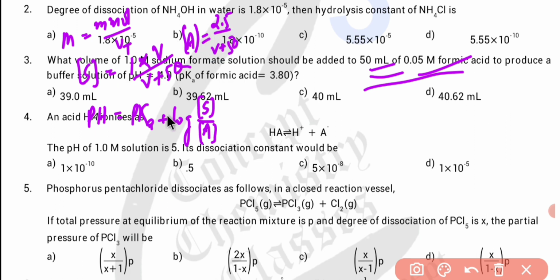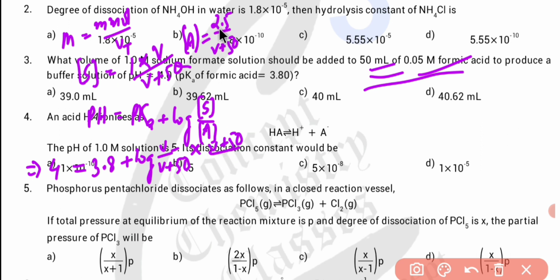After putting these two values here, pH is given as 4, which is equal to pK 3.8 plus log of the salt concentration, V divided by V plus 50, over the concentration of acid, 2.5 divided by V plus 50.